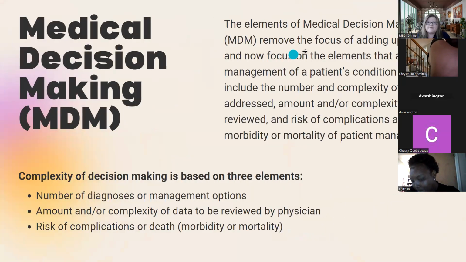The elements of medical decision making, or MDM, remove the focus of adding up tasks and now focus on the elements that affect the management of a patient's condition that include the number and complexity of problems addressed, the amount and or complexity of data reviewed, and the risk of complications and or morbidity or mortality of patient management.